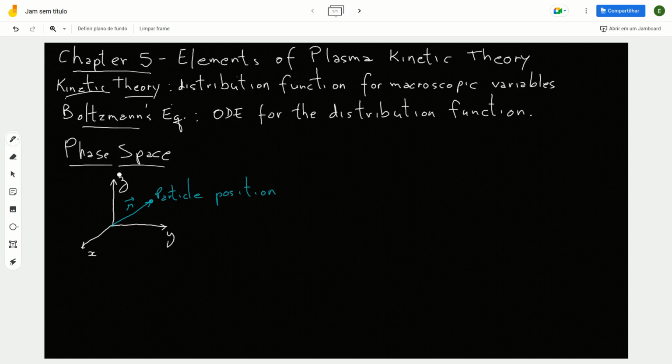We'll work in a three-dimensional phase space, with the position vector r for the particle position. So we'll represent this vector by three components, x, y, and z. And we'll also work with a velocity vector. The velocity vector will have the following components: vx, vy, and vz.